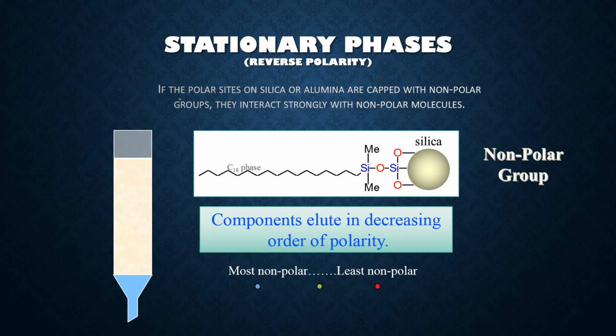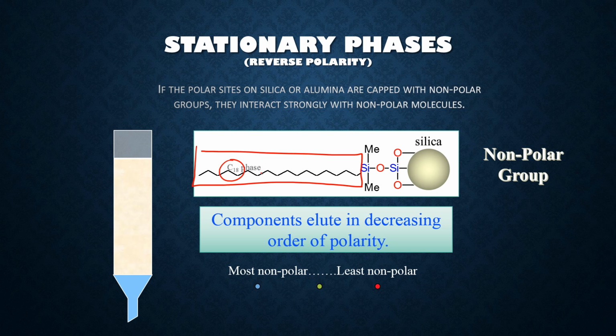With reverse polarity, it's the opposite of normal polarity, in that rather than our functional group being polar, we have a very non-polar functional group. Here we have a very long hydrocarbon chain, an 18 carbon chain, and we can get different size carbon chains to determine the amount of reverse polarity that we want, and find the optimum that separates the components within a sample mixture best.